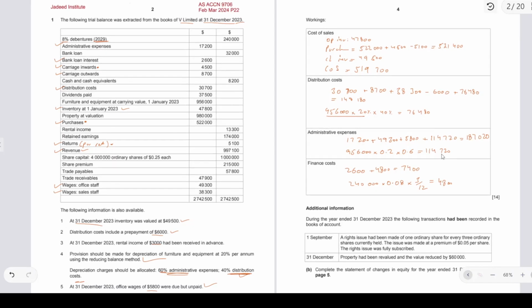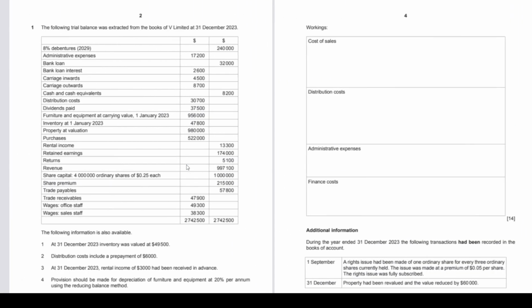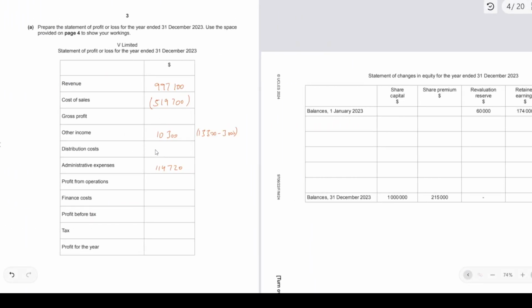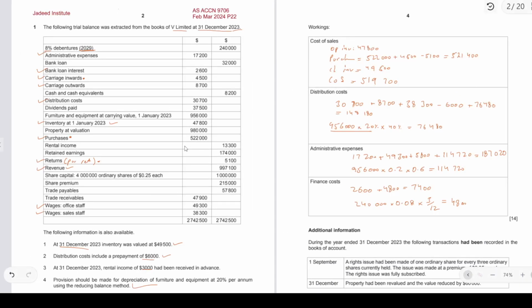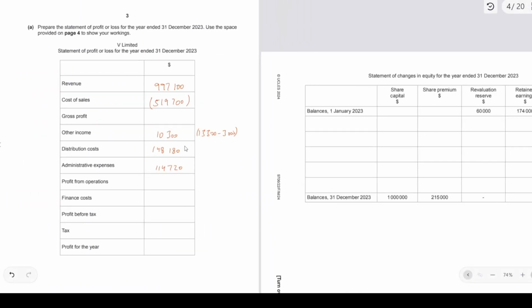This is 114,720. Distribution cost 148,180. Finance is 4,800.